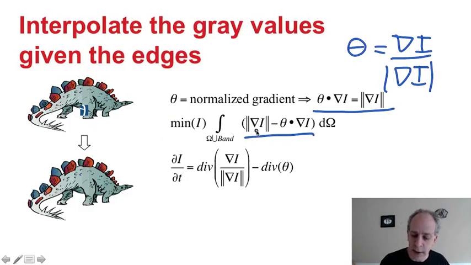You're looking for consistency of the image with the gradients that you were given. The Euler-Lagrange of this is what we have here. That's the Euler-Lagrange of this equation.